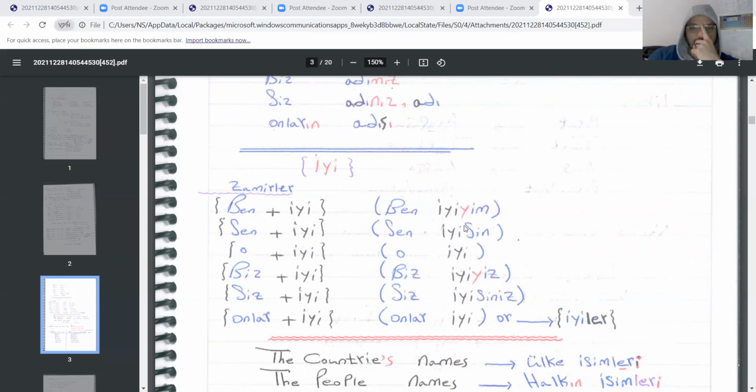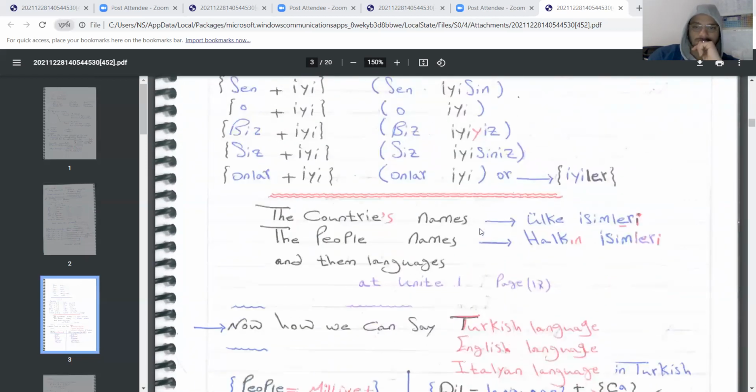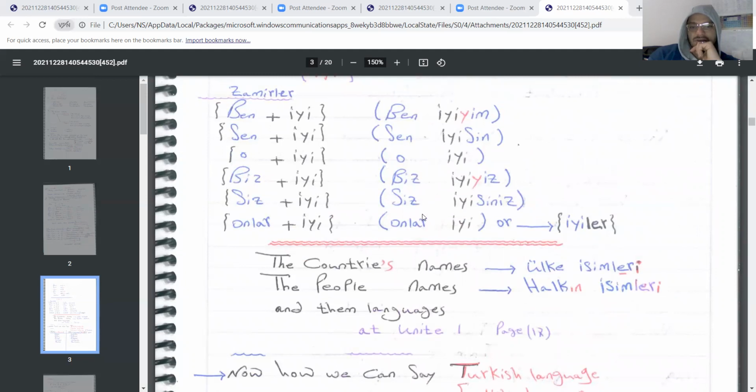With me, you, he, she, we will use Y. But when we make something like school's garden, we will use S if we have a vowel letter at the next name. İyiyiz, iyisiniz, onlar iyi, or iyiler. Here, let's note that we can say iyiler or without onlar, or if we write onlar, we just say onlar iyi.